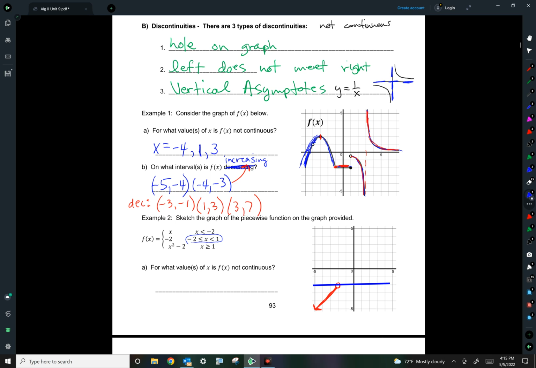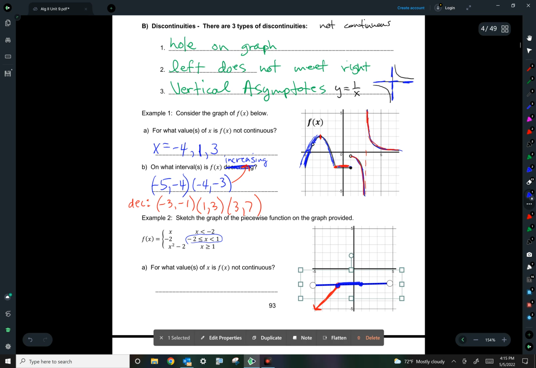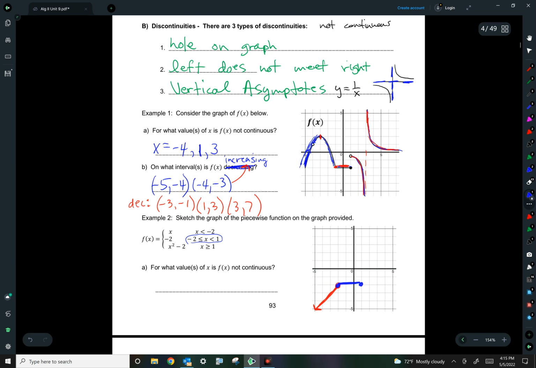Okay, well, x equals -2 hits my horizontal line right here. X equals 1 hits my horizontal line right here. So I only want the part of that graph that is right there between those 2 points. I don't want the entire horizontal line. I just want that part between the two.